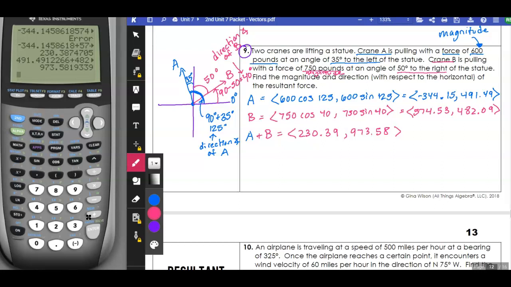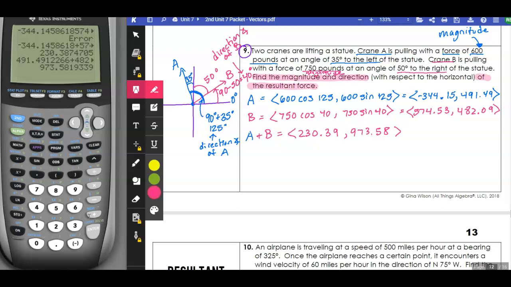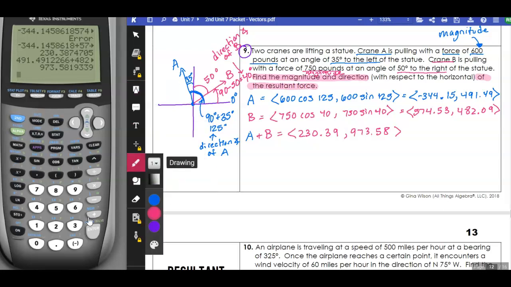Am I done? Look back at the problem. All that this means, guys, with respect to the horizontal, just means that the direction angle starts to move, which we already know it does. So it's not needed.